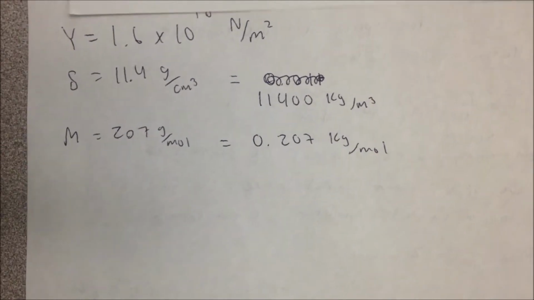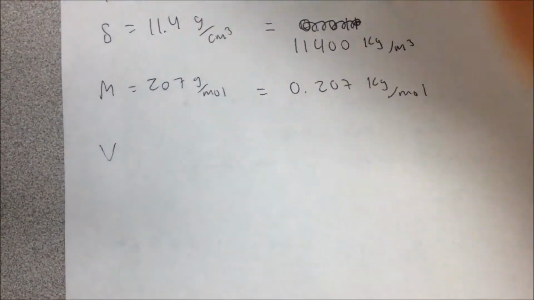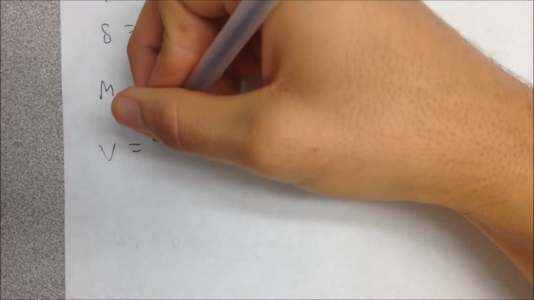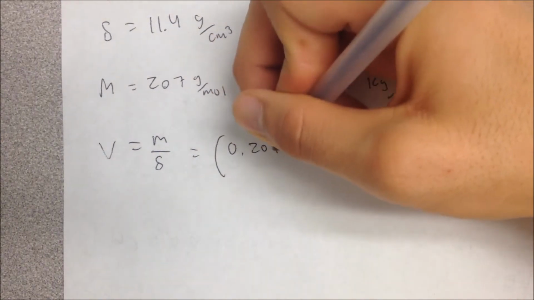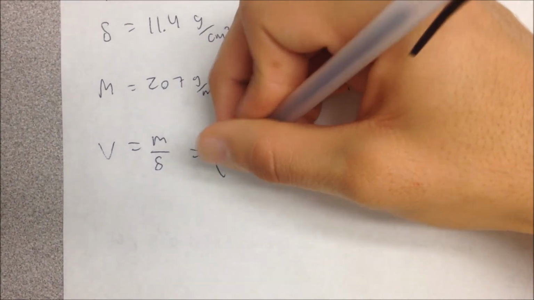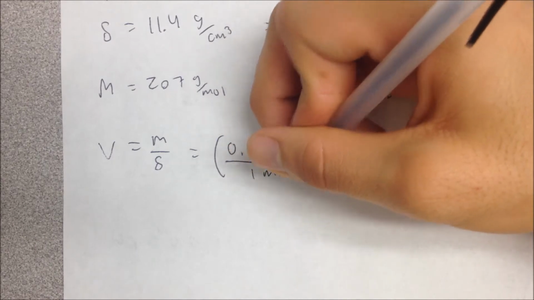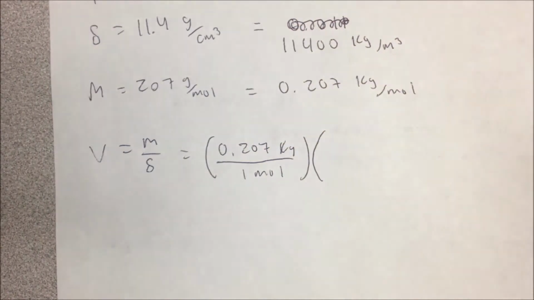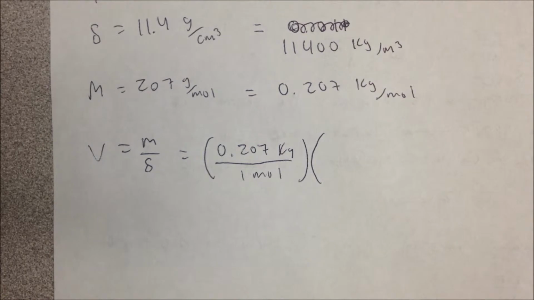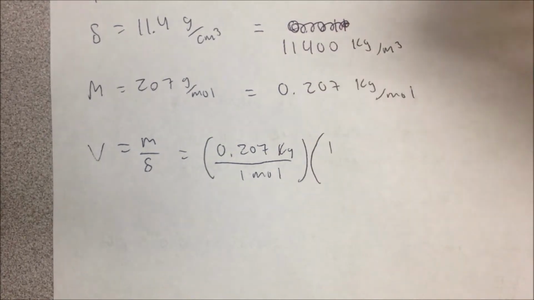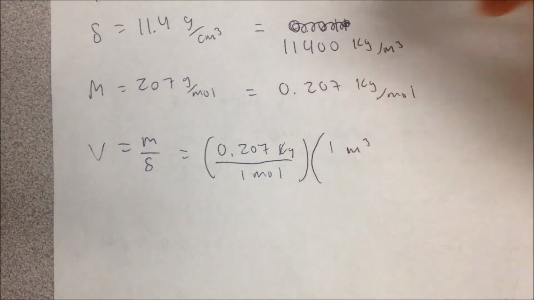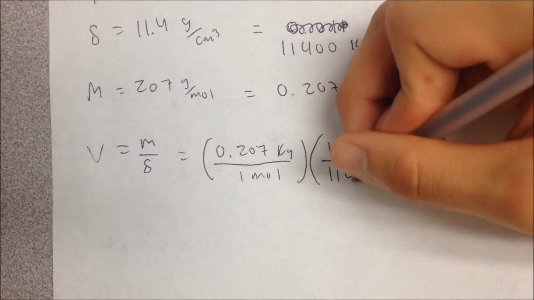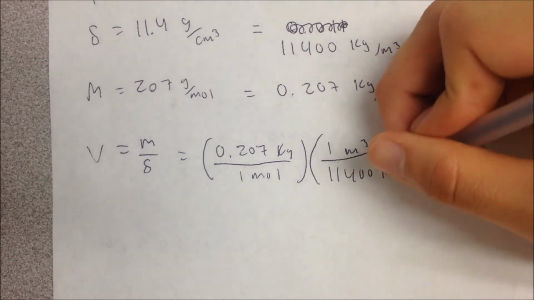Next, we solve for the volume of the lead, which would be the mass over the density, which would be 0.207 kilograms per 1 mole, times the reciprocal of the density, which would be 1 meter cubed over 11,400 kilograms.